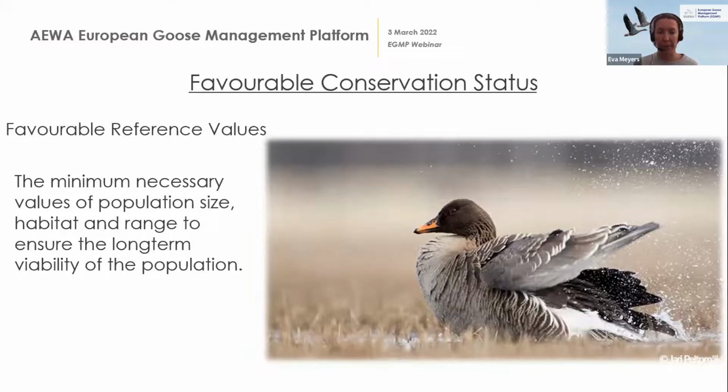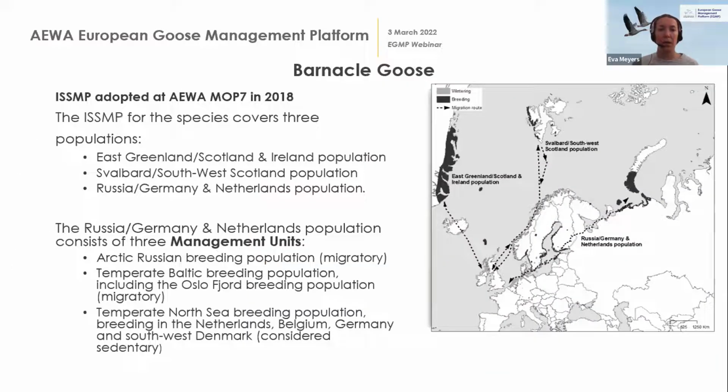As I mentioned, the Barnacle Goose plan was then adopted by the 7th Meeting of the Parties in 2018, covering 3 populations. You can see here on the map the different populations: the East Greenland, Scotland, Ireland population; the Svalbard, Southwest Scotland population; and the Russia, Germany, and Netherlands population.